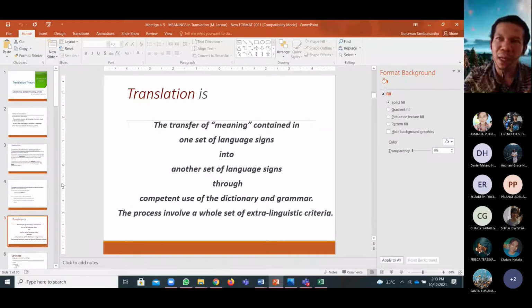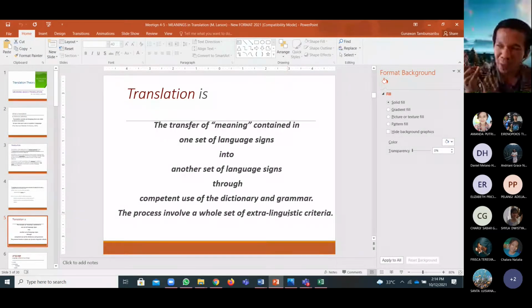Mainly we talk about linguistics and intralinguistics. Linguistics means the words, the morphemes, but intra means the way someone speaks, or the mode, the emotion, such as the tone, the intonation. But extra linguistic criteria is beyond those two fields of linguistics.